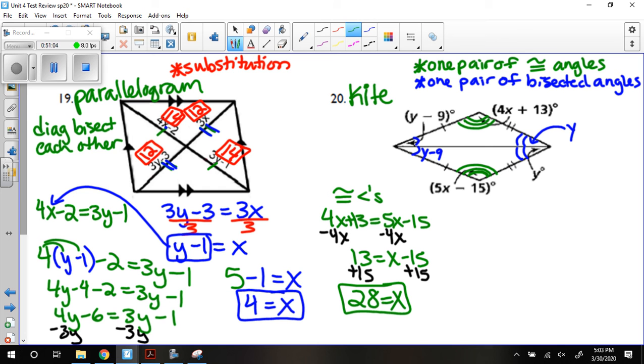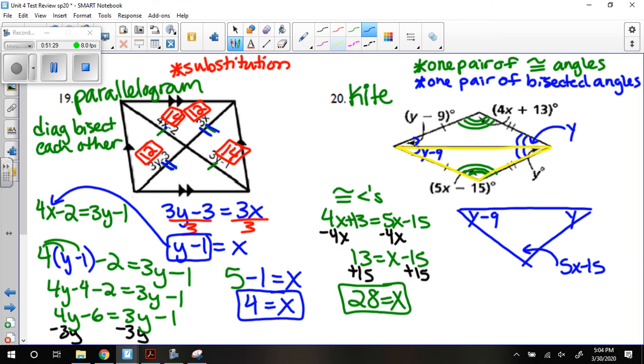Now what I'm going to do is focus on one of these triangles. I'll just focus on this one on the bottom here. So I've got a triangle. I've got a y in this corner. I've got a y minus 9 in this corner. And then in this angle, we've got 5x minus 15.